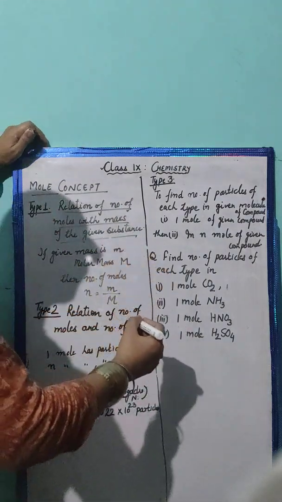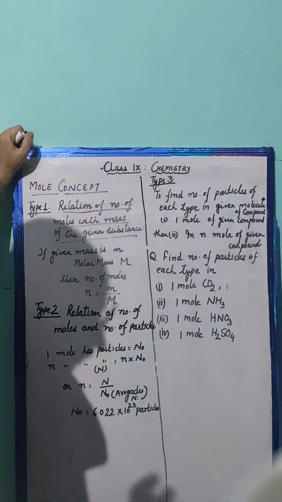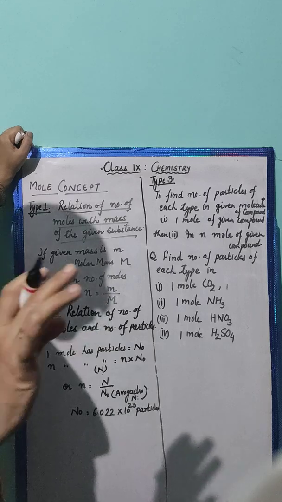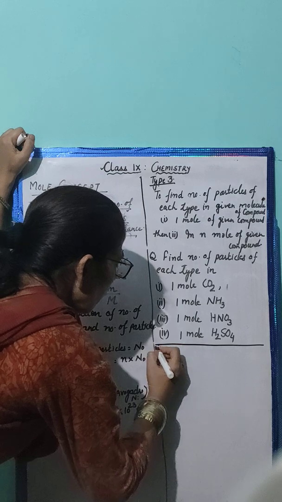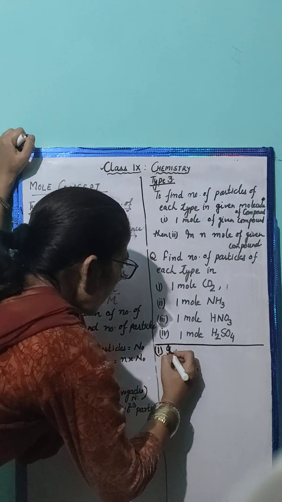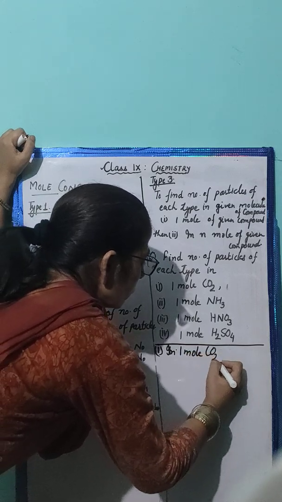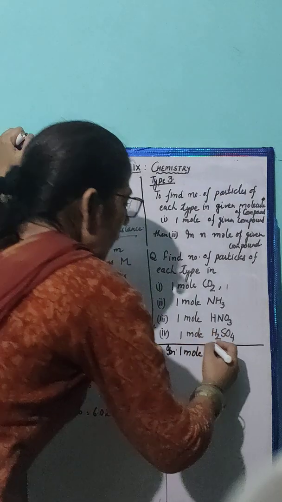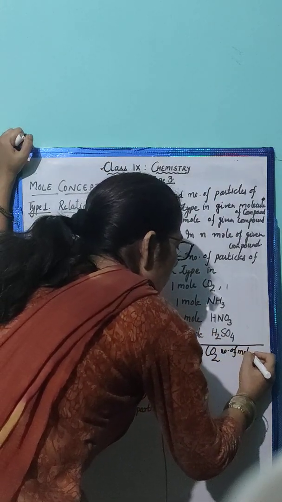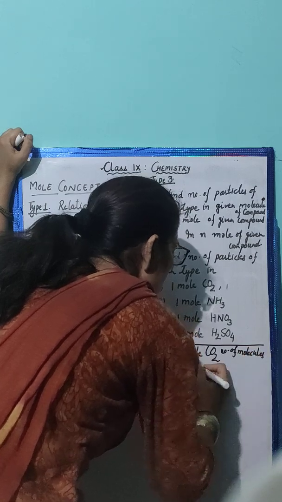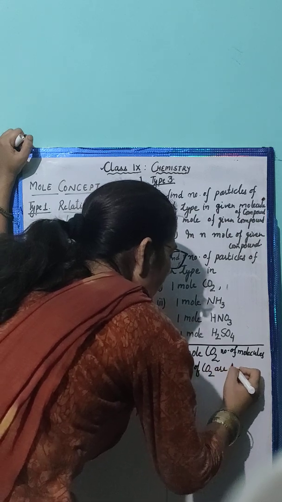If I have to start with 1 mole CO2, okay? In 1 mole of every substance, how many particles are there? Avogadro number. It means in 1 mole CO2, CO2 is a molecule, number of molecules of CO2 are how many? N naught.